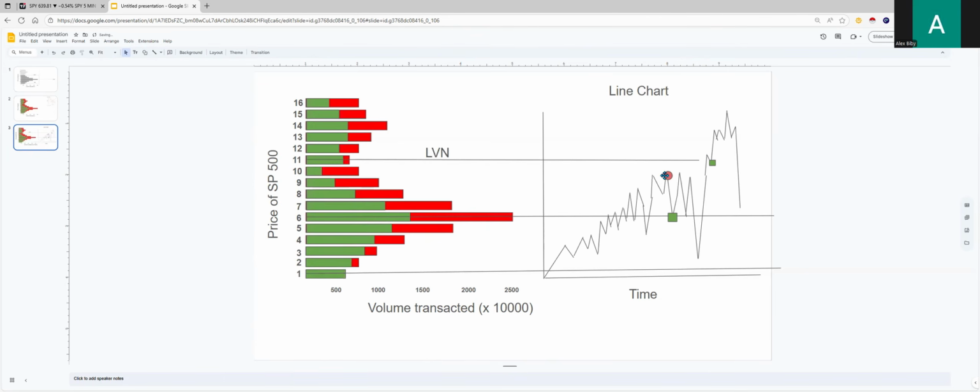So generally, low volume nodes end up manifesting as our traditional support and resistance points. Let's see if that's the case. Usually, the low volume nodes are your traditional support and resistance. Your POC can be a support, but the lowest volume nodes are typically right where price is bouncing at. So that's something to keep in mind.